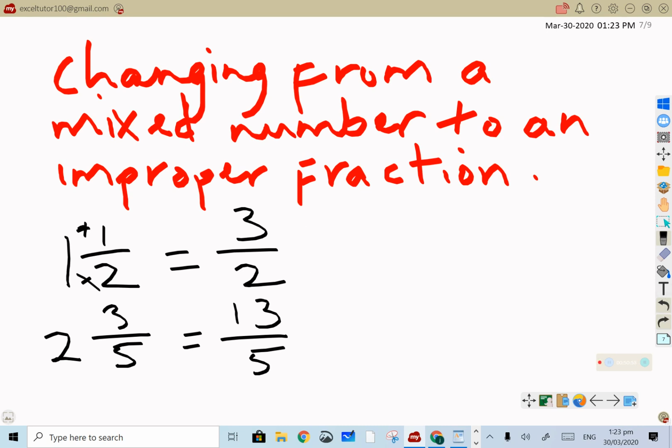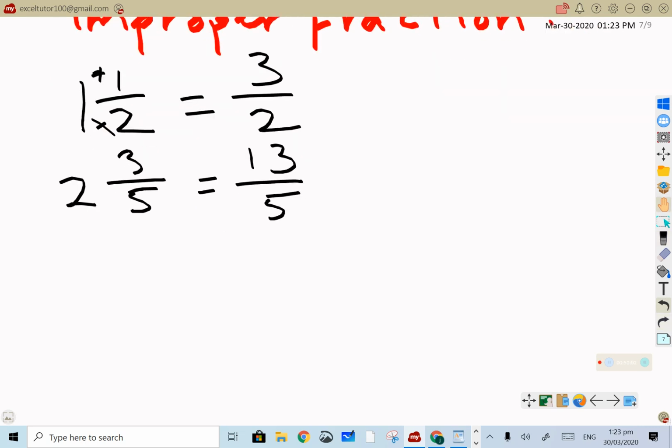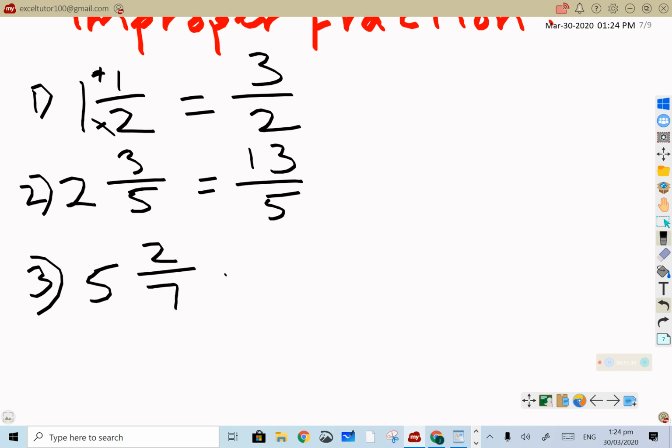All right, let us look at another example. We have 5 and 2 over 7. So 5 by 7 is 35, add 2 is 37 over 7.